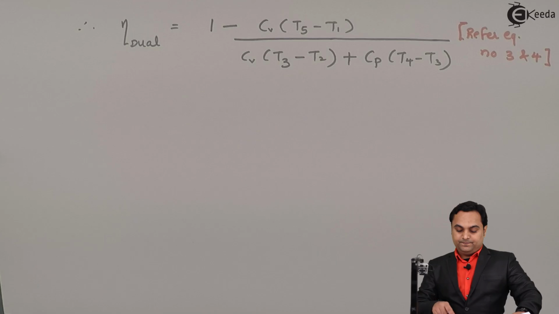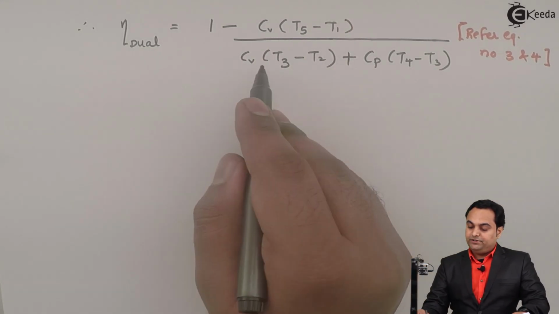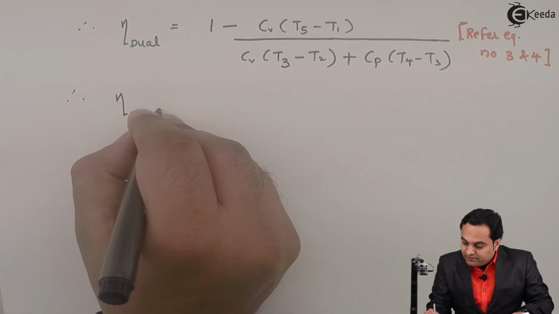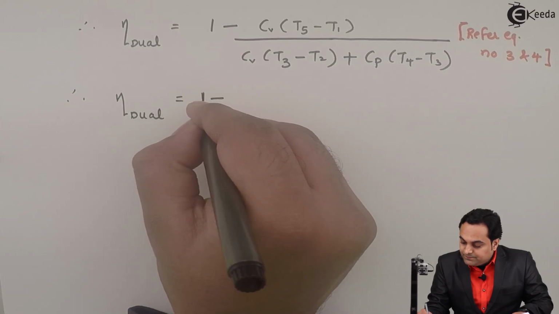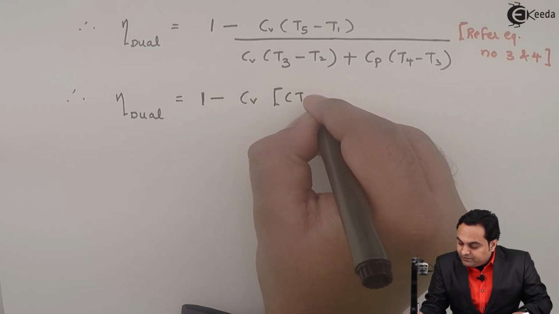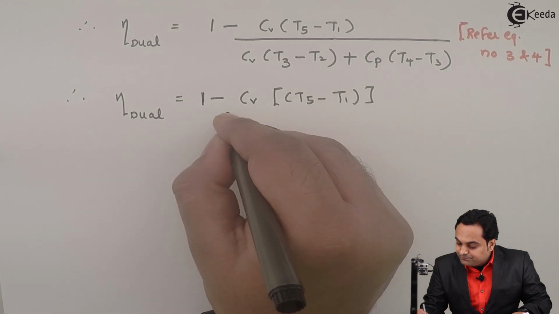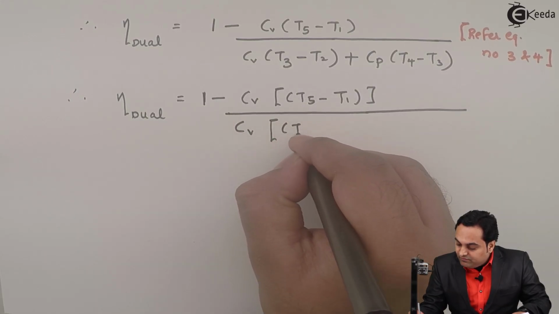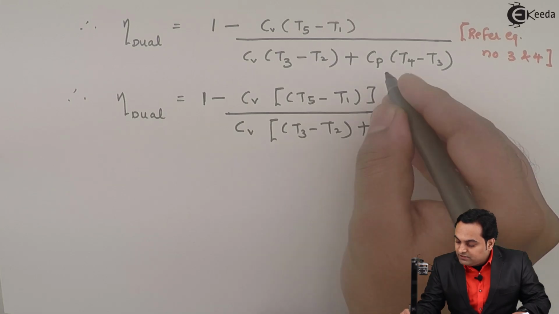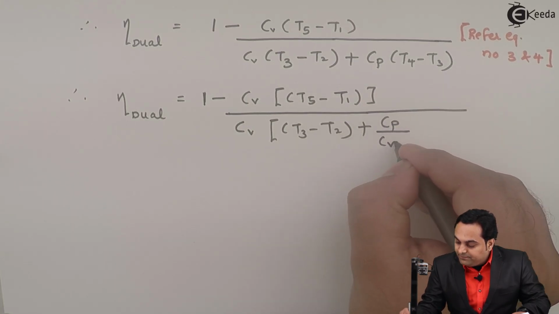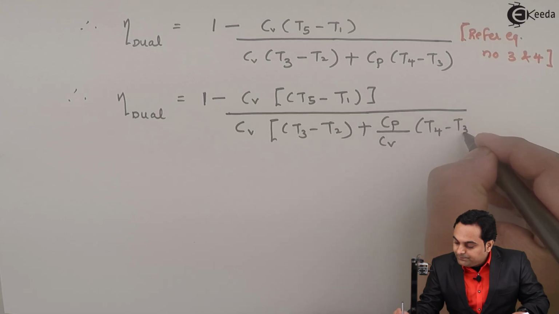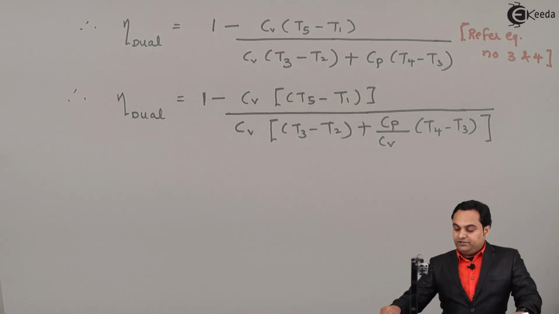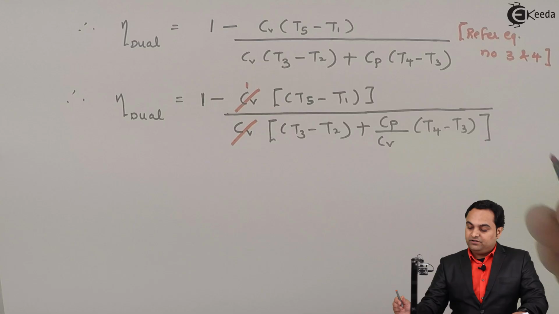Next, as we can see from the numerator and the denominator, I'll take Cv common. So efficiency of dual cycle is equal to 1 minus Cv into bracket T5 minus T1, and in the denominator, if I take Cv common, I will have T3 minus T2 plus Cp upon Cv into T4 minus T3. From the numerator and denominator, Cv will get cancelled out.